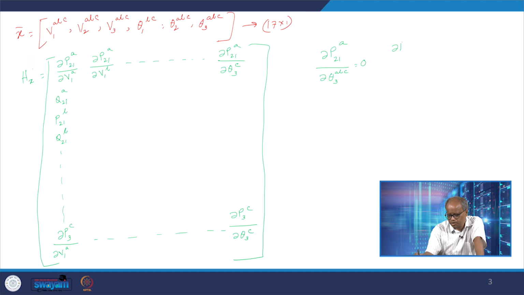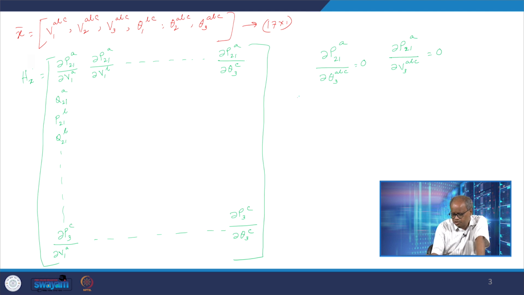Similarly, del P21A by del V3ABC will also be 0, because it will not be a function of any quantities associated with any bus other than 1 and 2.